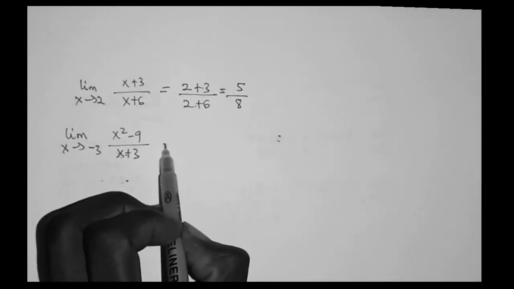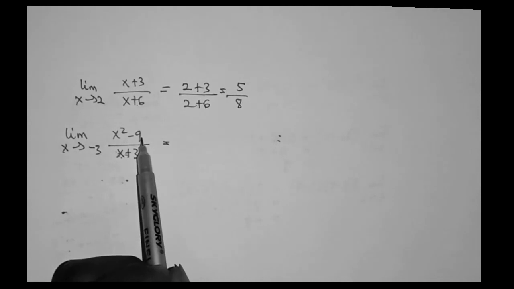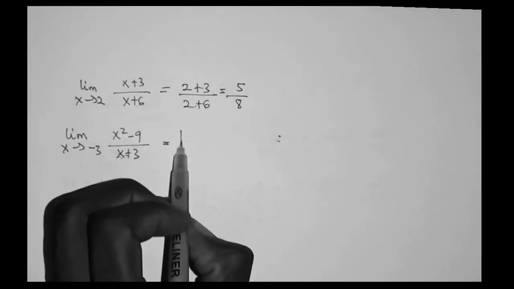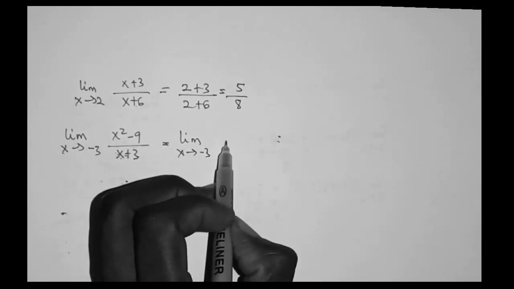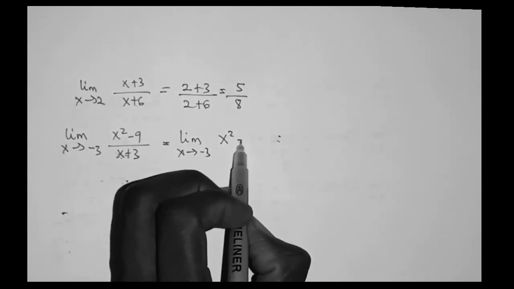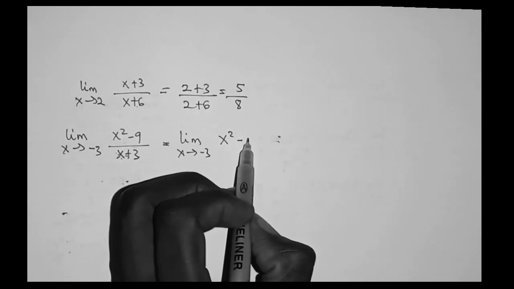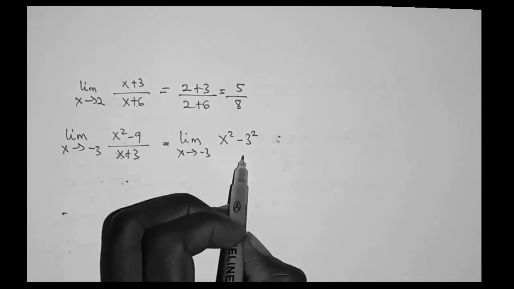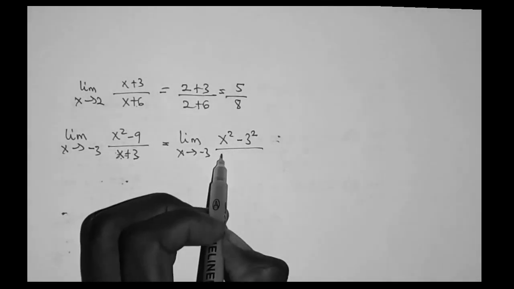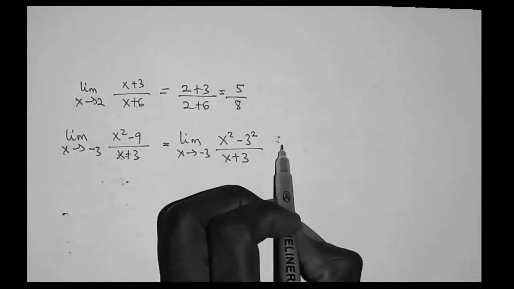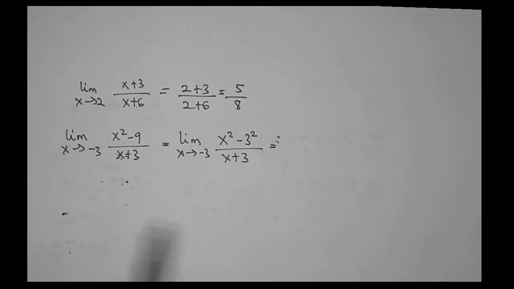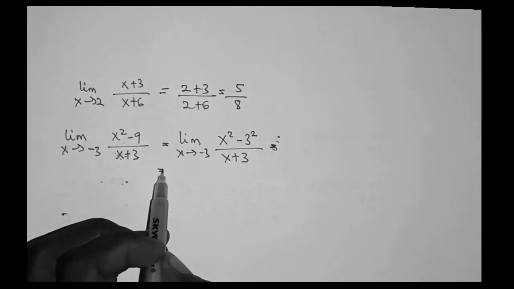However, we know that x squared minus 9 can be written as x squared minus 3 squared, divided by x plus 3. So let me write it down here.